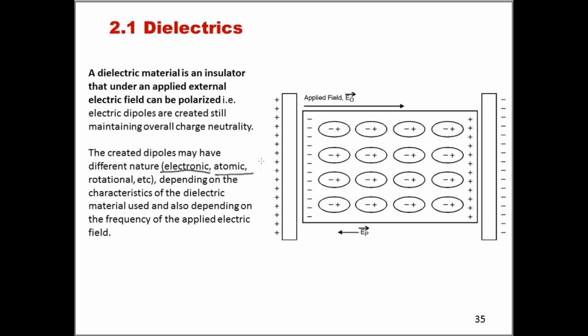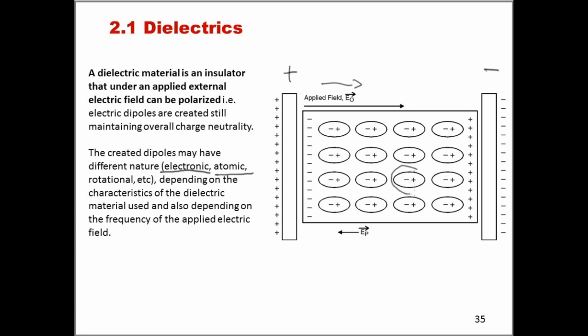But what is important to note here, as depicted in this picture, is that if we take two parallel plates and apply a positive voltage here and a negative voltage here, so that the applied electric field goes in this direction, and we place a material between these two plates, then electric dipoles are generated as shown here.